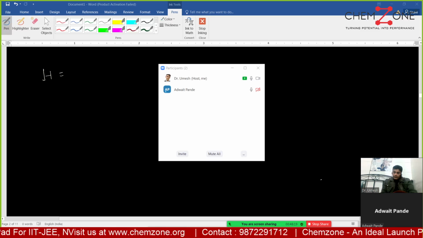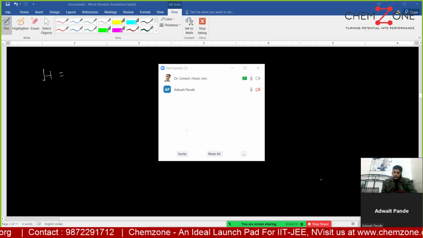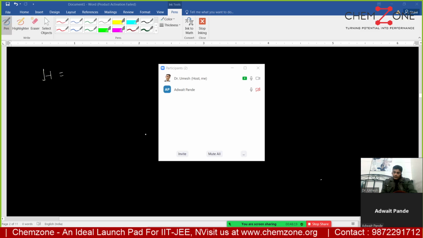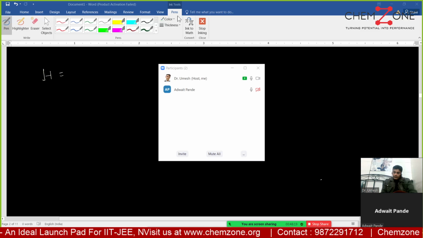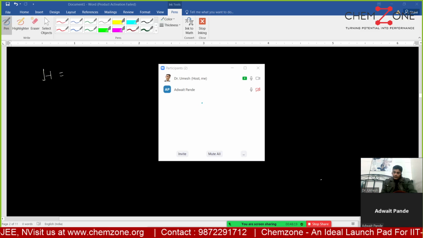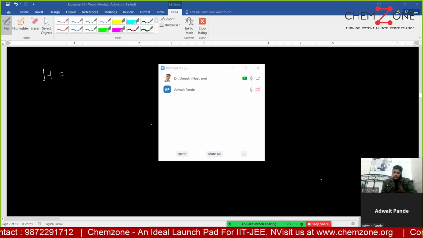Sulfur here. 1, 2, 3, 4, one above the plane and one below the plane. All these are sp3d2 hybrid orbitals, and they are like this. So it is sp3d2 hybrid orbitals. Right? Getting me?